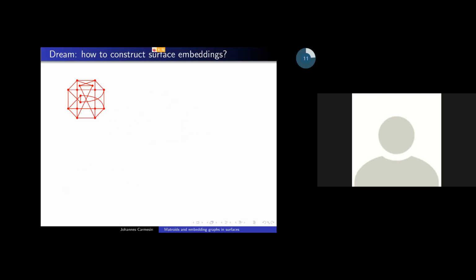So let's be a bit more concrete. How would this procedure work? You start with an arbitrary abstract graph with no topological information at all. And then from this graph, you would compute some matrix, say some binary matrix. And this is part of the problem, how one could find a good way to compute that matrix.